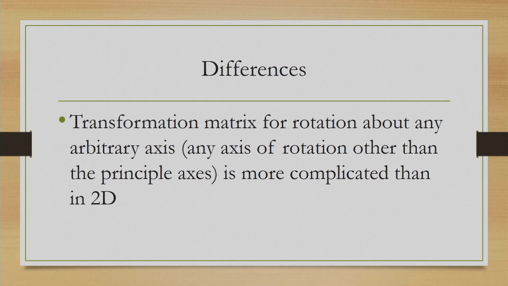Also, previously we did not face this situation when we defined rotation with respect to z axis. Now, the transformation matrix that we should use to represent rotation about any arbitrary axis, that means any axis that is not a principal axis, is more complicated than in 2D. In 2D we can have only z as principal axis.